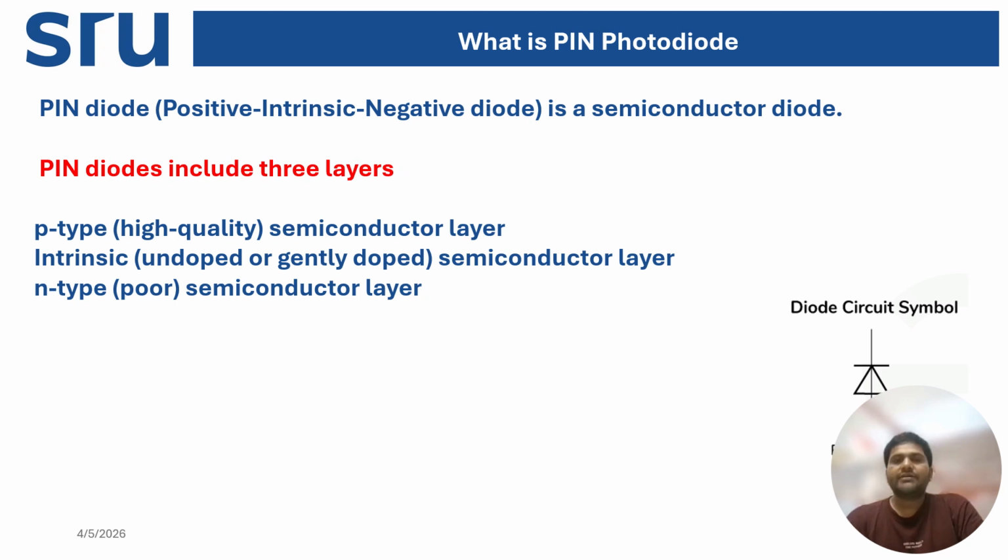Using reverse bias increases the electric field. It improves carrier separation, and results in faster response time and better performance.